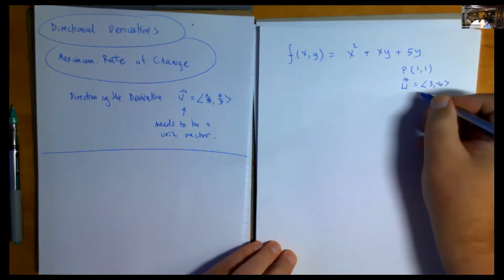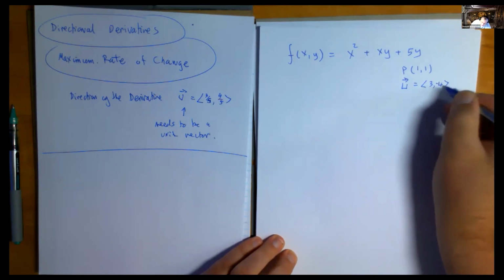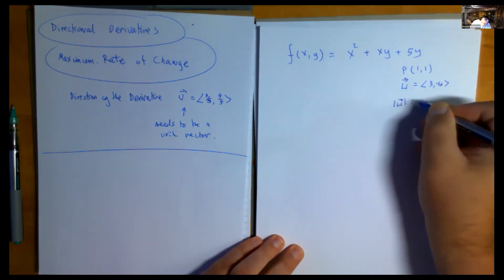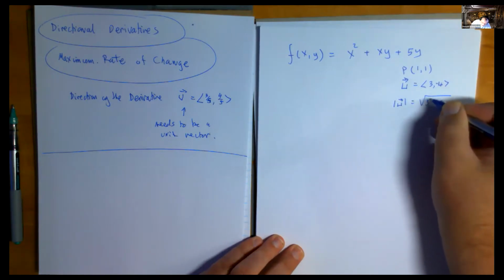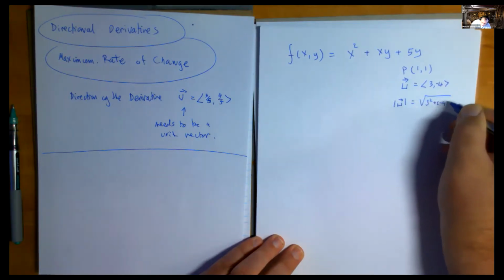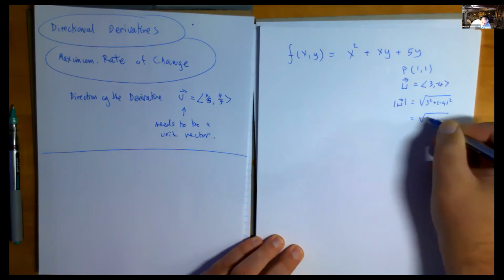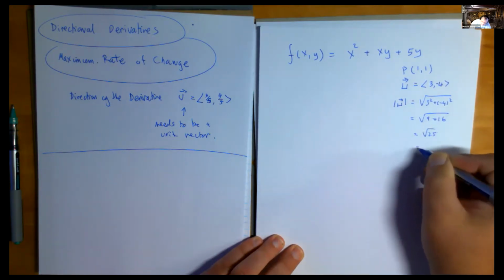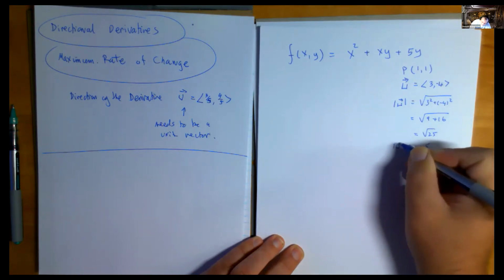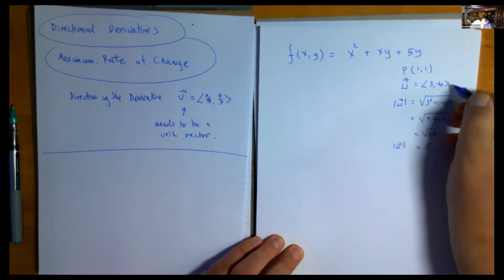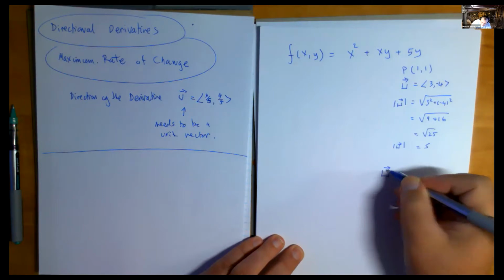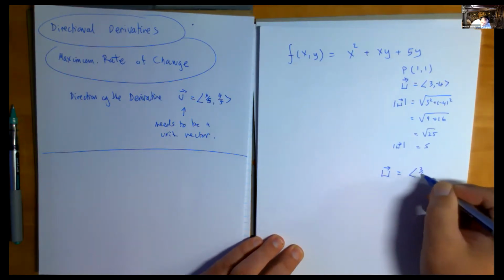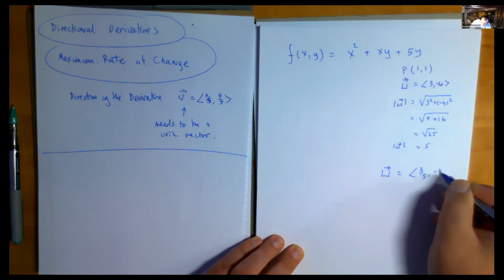Well, the first thing I need to do is convert this vector into a unit vector. The magnitude of this vector is the square root of 3 squared plus (-4) squared, which is 9 plus 16, which I've chosen quite nicely to be 25, so the magnitude is 5. So the vector we are going to use, I'll call it u again, is (3/5, -4/5).